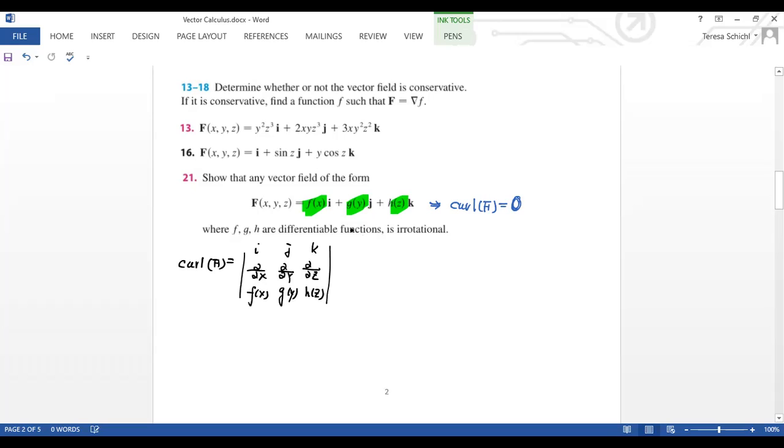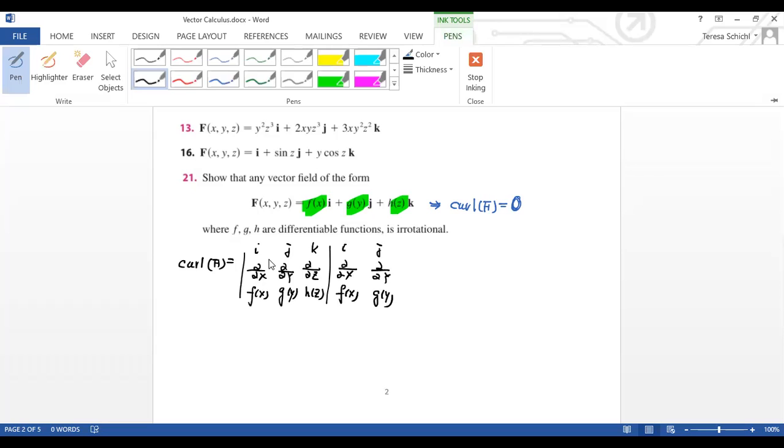Like we said, the way we do that, you can take the first two columns out. Then this is ∂/∂x, f(x), then this is ∂/∂y, g(y). Okay, so now let's try to do it here.